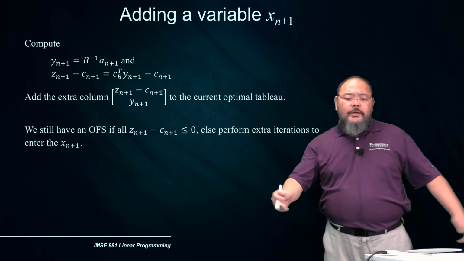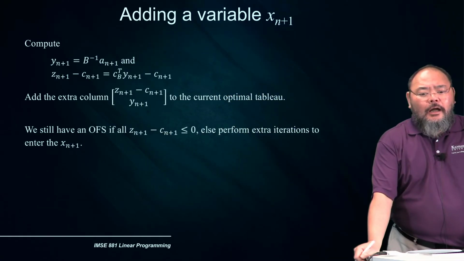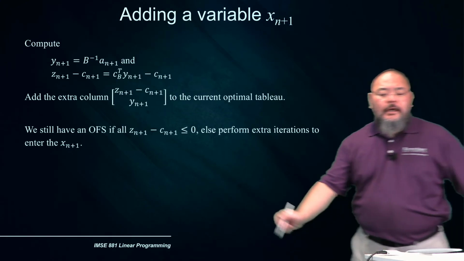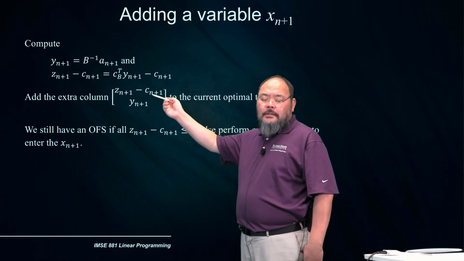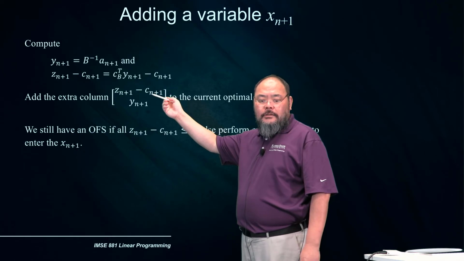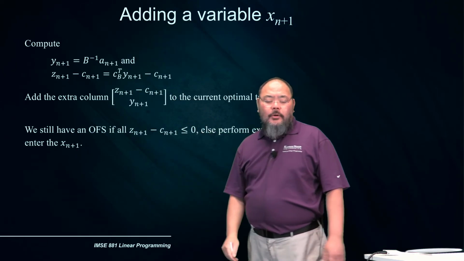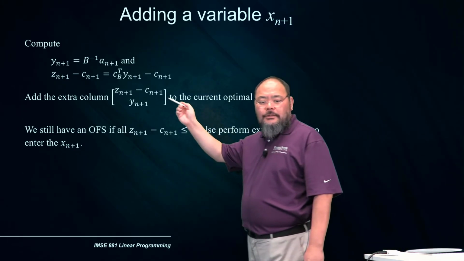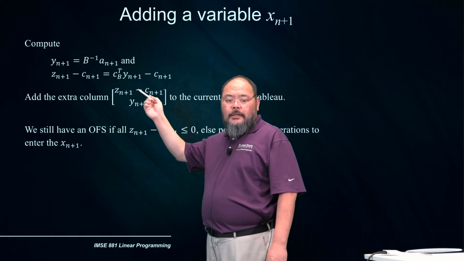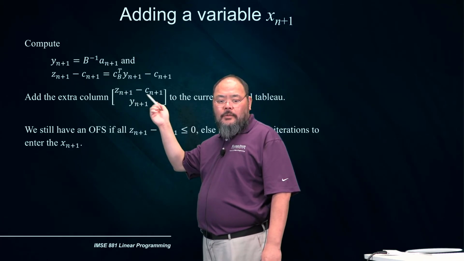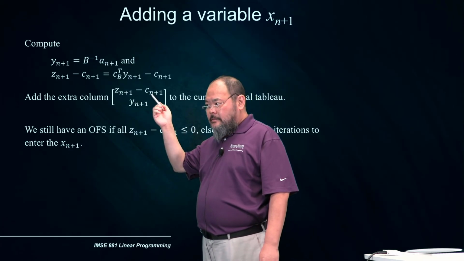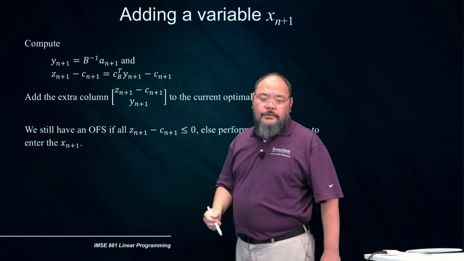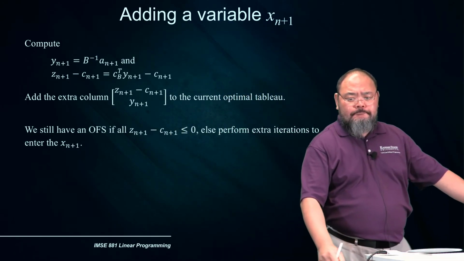Okay? So we add this extra column into your table and see if the current tableau is optimal or not. If zn+1 minus cn+1 is negative or non-positive, then there's no point in adding this product. If this new product or new project creates a zn+1 minus cn+1 that is positive, it is worthwhile to introduce this product.